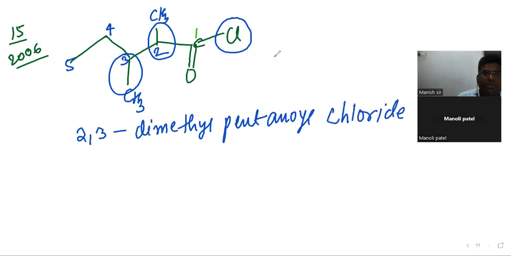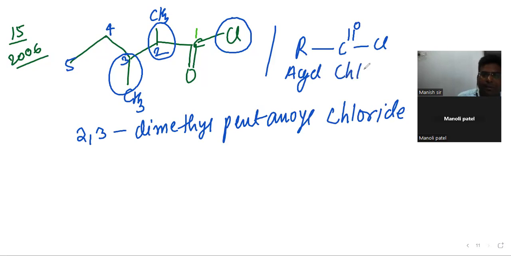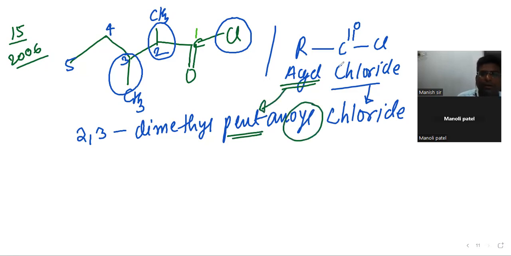Pentanoyl chloride. It comes from this family, R C double bond O Cl, whose common name is acyl chloride. I have used chloride here, but instead of acyl there is pent, 5 carbons are there. So I have written pentanoyl chloride: oyl for C double bond O and chloride for Cl, right?